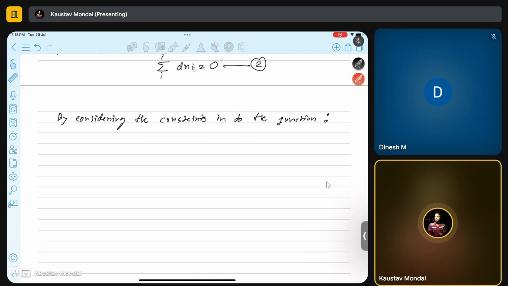So for that, this is the differential form of the function, or the weightage function.